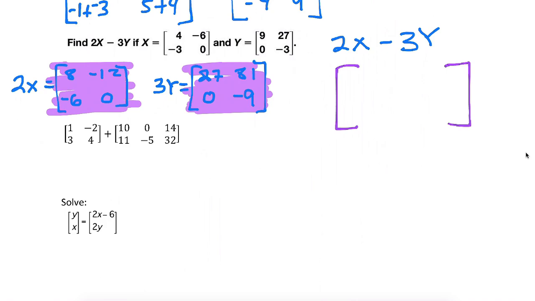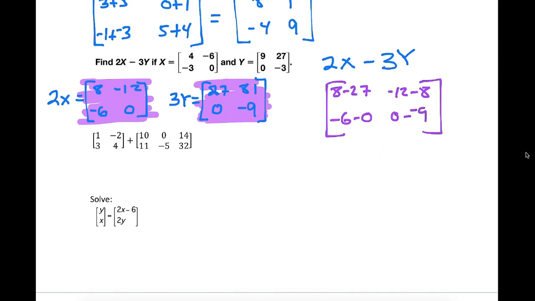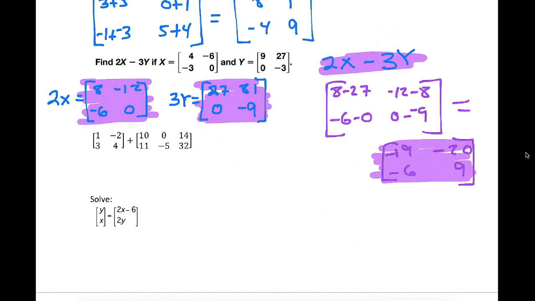I'd have 8 minus 27, negative 12 minus 8, negative 6 minus 0, and 0 minus negative 9. So in the end, if I wrote that out, I'd end up with negative 19, negative 20, negative 6, and positive 9. So there would be my result of 2x minus 3y. Hopefully that makes sense.